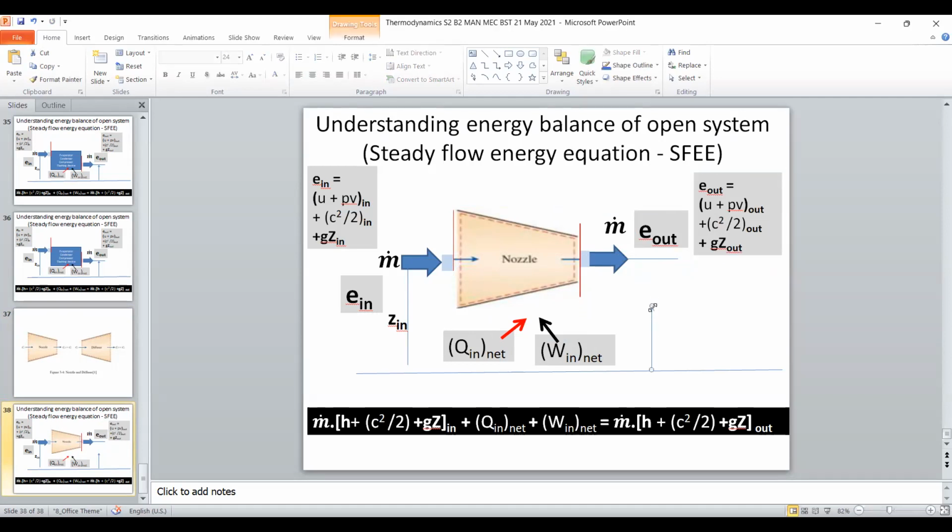It's the same. So this is your Z out. That's it. Okay. In and out, you can say.